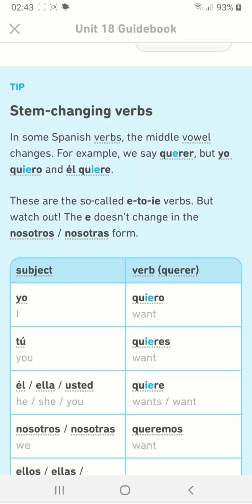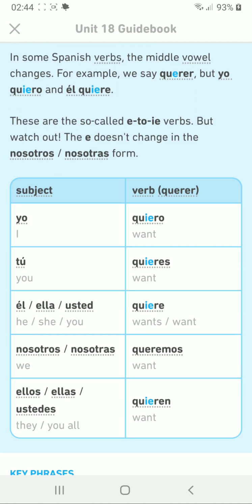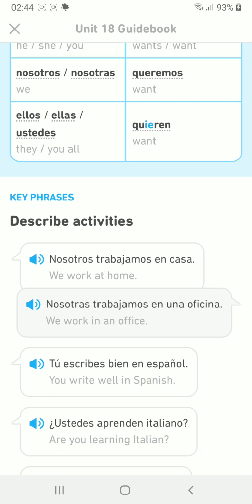But watch out. The e doesn't change in the nosotros and nosotras. So queremos, you see, that's where you have the same stem. So yo quiero, tú quieres, usted quiere, nosotros, nosotras queremos, and ellos, ellas quieren.